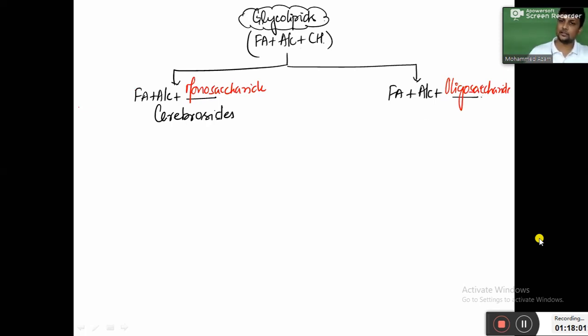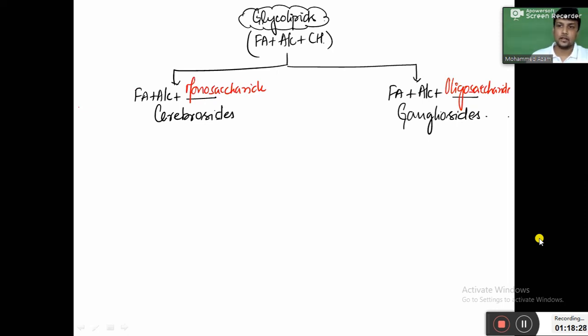And if the carbohydrate is oligosaccharide, then it will be gangliosides. Okay, that means glycolipids are in turn divided into two categories. One will be cerebroside, another one will be gangliosides. Glycolipids are in turn divided into how many categories, guys? Two categories.